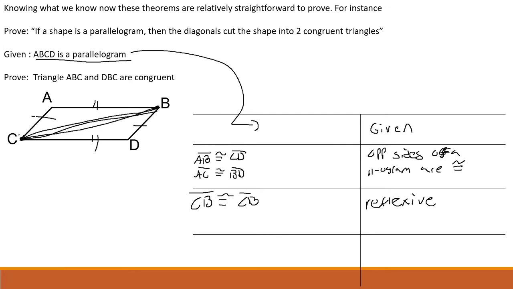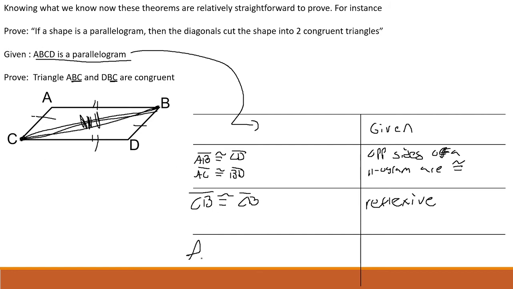And the reason I wanted to write that down is because if you look here, both of these triangles include the side BC. So if I'm trying to prove that two shapes are congruent and I know that they share a side, I want to make sure that I label that side as congruent to itself because of reflexivity, which means I can then use my SSS theorem, because now I have three sets of sides congruent to each other.